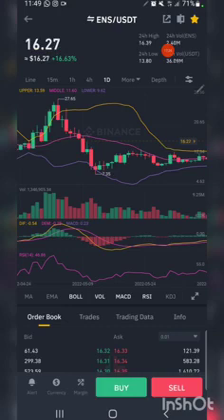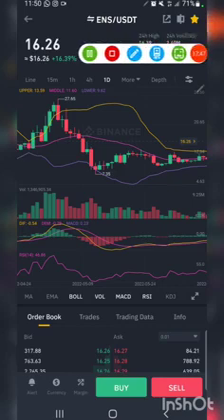The signal line crosses above the MACD line, crosses above the MACD itself, and starts going below the MACD. It's printed a bearish sign here.